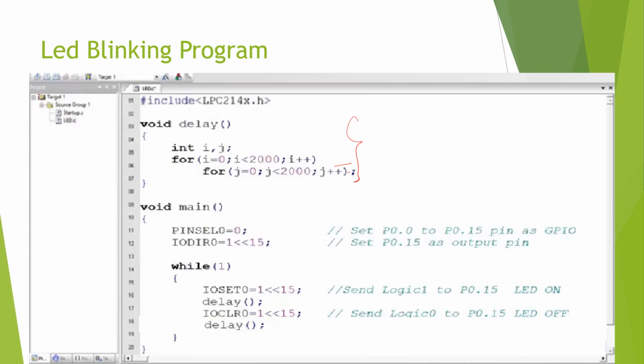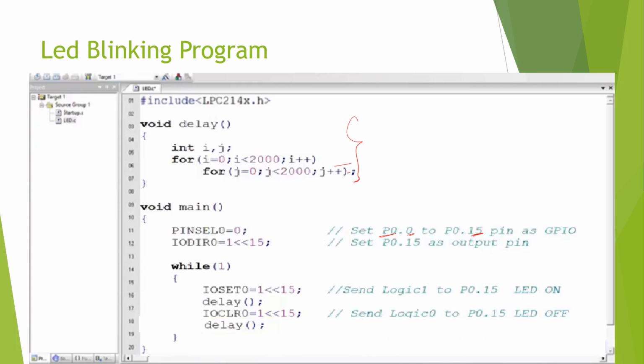When you come to this main program, you see here the pin select 0 register is 0. That is, pin select 0 is for port 0. For port 0, the pin values start from 0 to 15. So you are making all the pins 0 to 15 as 0, and you are going to set the direction of the IO pin, which is equal to 1.